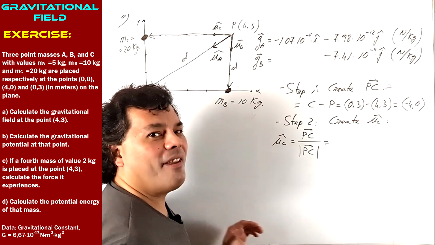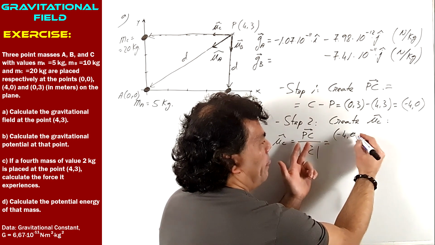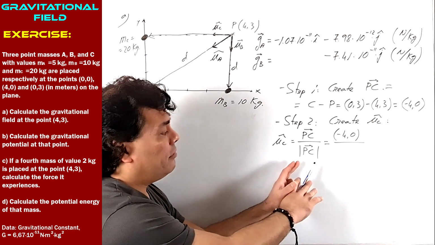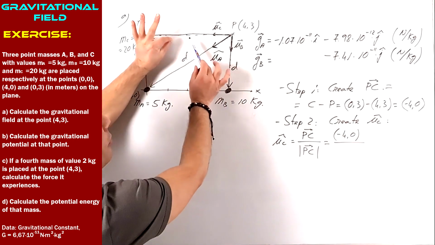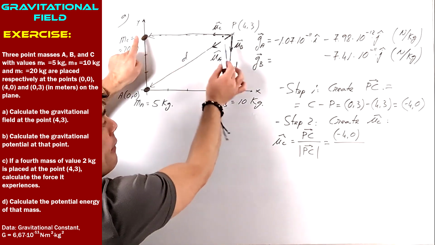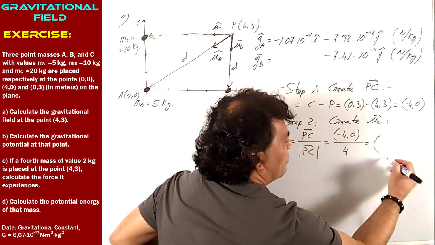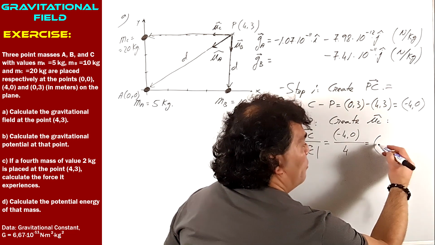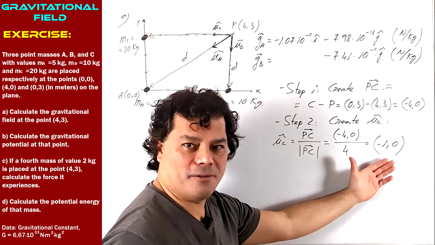So (-4, 0) divided by the modulus of PC. It's not necessary to use the square root because you can see that the modulus, the length of this vector, of this arrow, is naturally 4. So our unit vector will be negative 4 divided by 4, negative 1, and 0. This is step number 2.